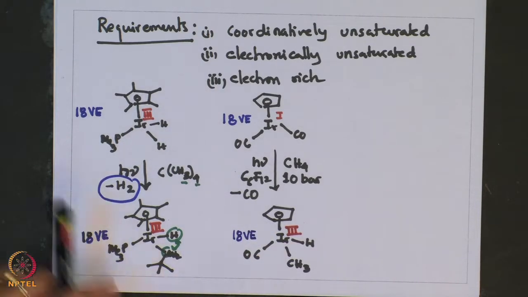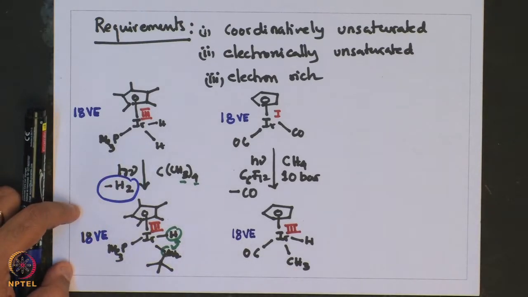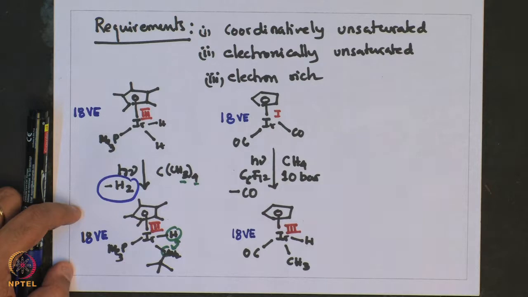So, comparing these two examples, what one sees is that electronically as well as coordinatively saturated compounds in presence of light become both coordinatively and electronically unsaturated by release of any of their existing ligands, after which they undergo CH activation of the alkane, producing a metal hydride alkyl complex as shown over here.